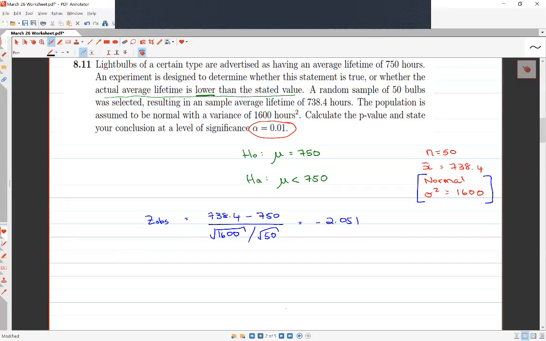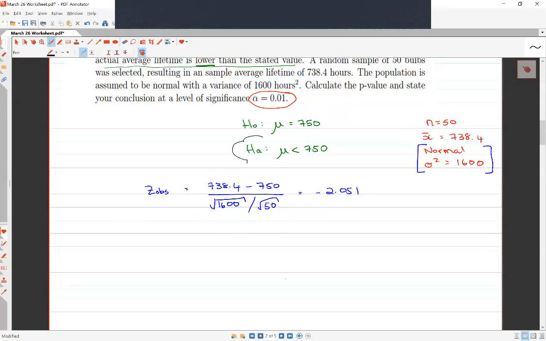Now, when we calculate our p-value, the fact that our alternative has a specific direction affects how our p-value is defined. If our alternative is mu less than, that means we're only going to be concerned with the area below the observed z-value.